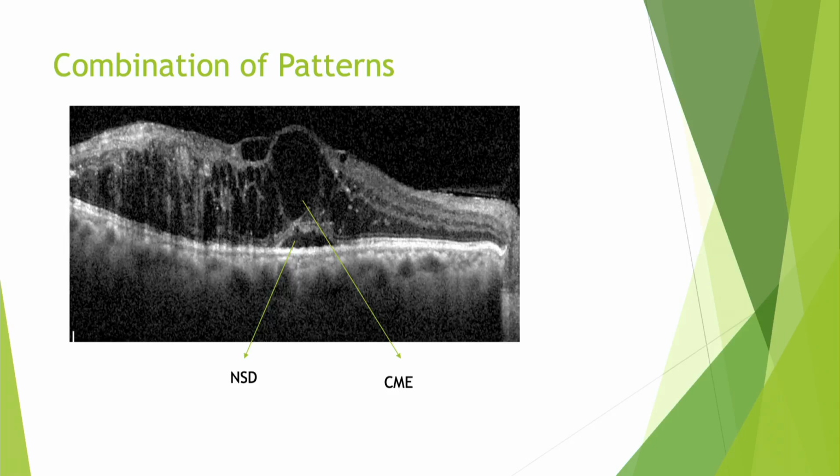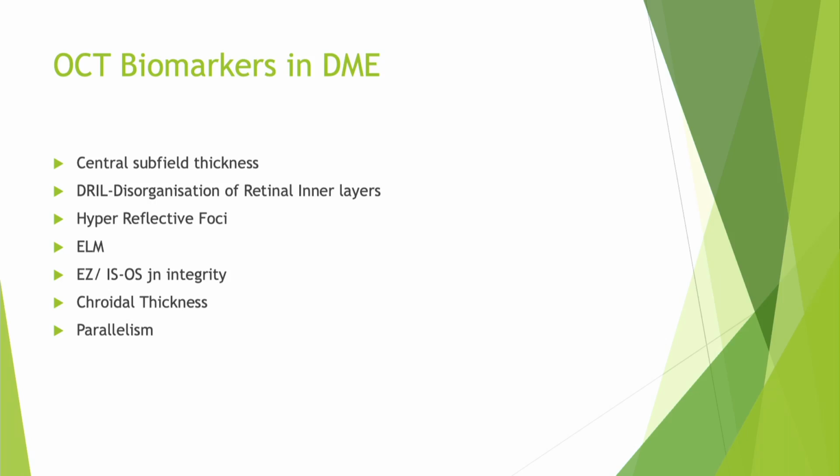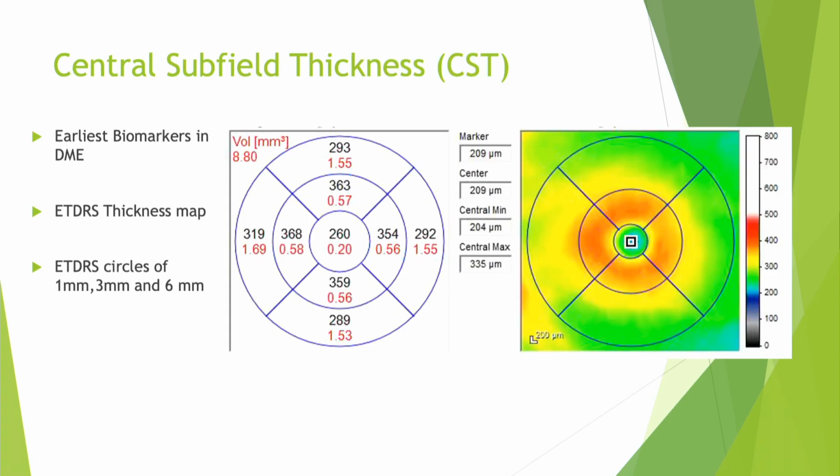More often you have a combination of patterns, like a combination of cystoid edema and neurosensory detachment in this patient. So OCT helps to identify specific biomarkers that are important in identifying the baseline visual acuity as well as the visual response to therapy. And the earliest used biomarker was the central subfield thickness.